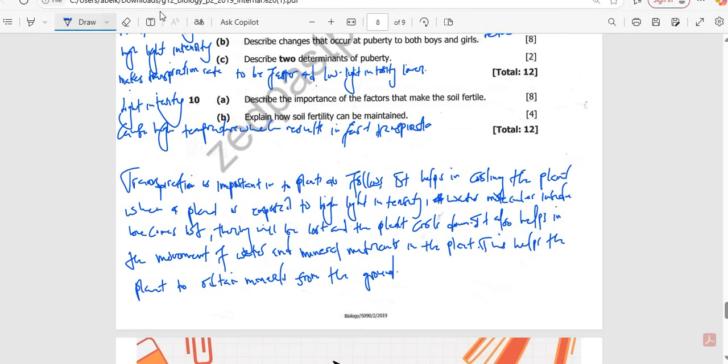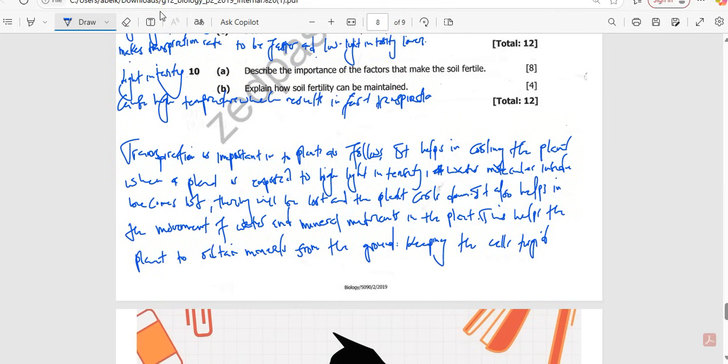Then the last point we can give at this one, we can look at keeping the cells turgid. So that's the last point to look at.